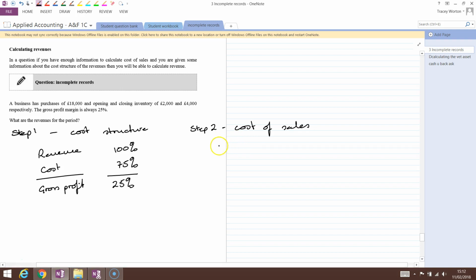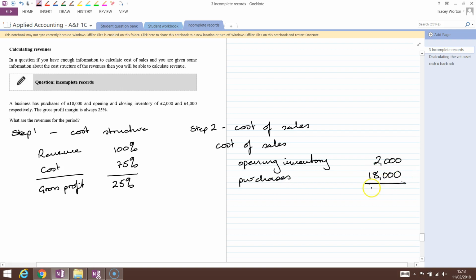So remember, cost of sales is equal to your opening inventory, which in this case is given as 2,000. We then need to add in purchases, which we're given in this question as 18,000.